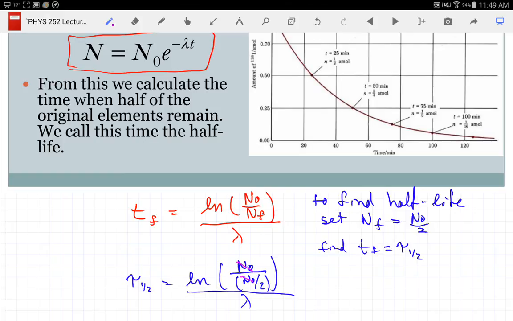Certainly not 1, exactly. 1 divided by 1/2 is also certainly not 2. So this gives us natural log of 2 divided by the decay constant. So now we can see mathematically where everything comes from for these simple radioactive decay problems. That is the last pearl of knowledge that I have to give you in regards to calculus.